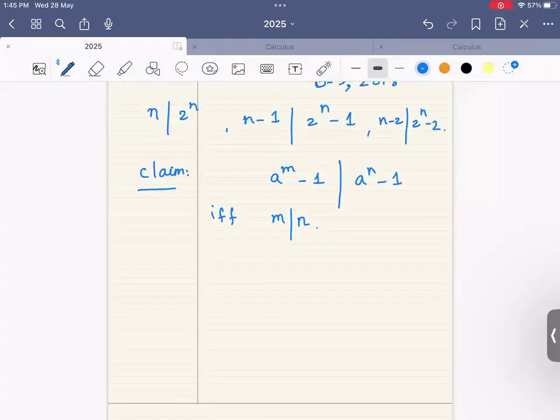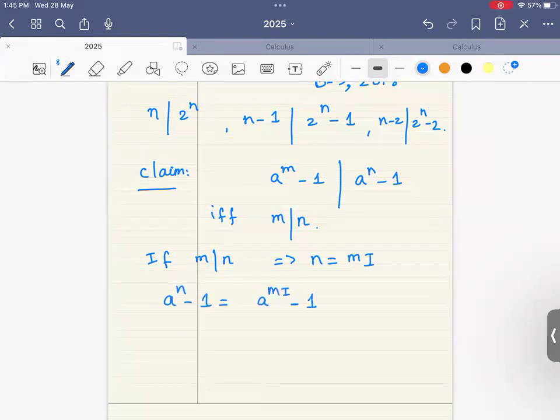Say that m divides n, which means that for some integer i, n is going to be equal to m times i. So a to the power n minus 1 will be equal to a to the power mi minus 1, and that can be thought of as a to the power m, to the power i, minus 1 to the power i.